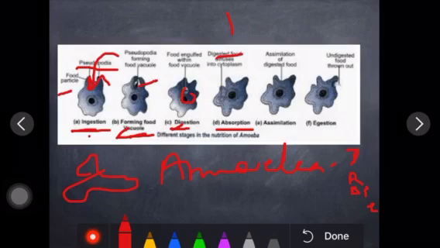The amoeba has cytoplasm. Cytoplasm is the fluid of the cell, and this fluid will utilize the food particle. They don't have a specific organ, so they use the diffusion method only.